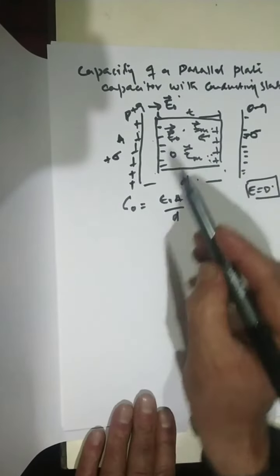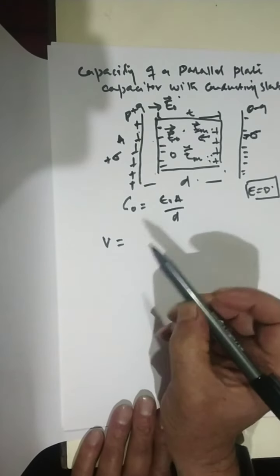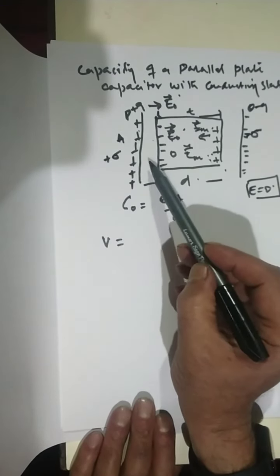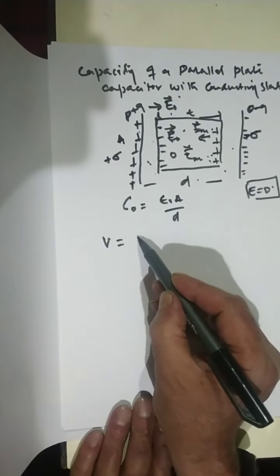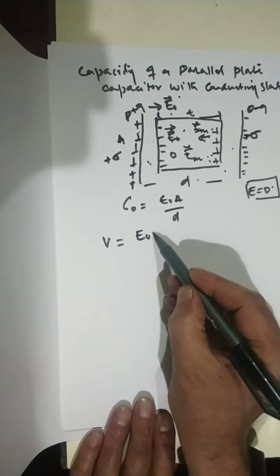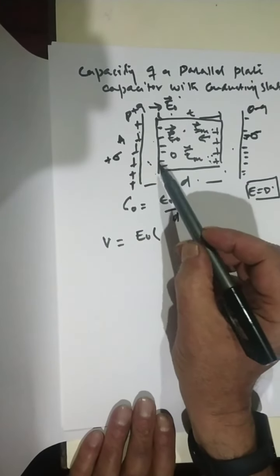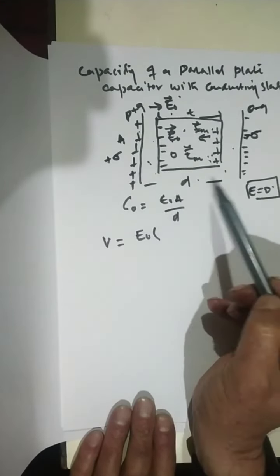Now, the potential V in the gap where there is an electric field is E0, the external field, times the distance up to which it acts. So it acts over the distance D minus t, the thickness of the slab.